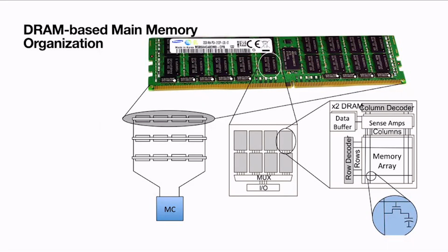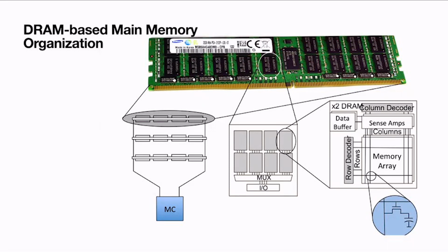The entire memory is organized in terms of a set of devices. You can see the small chips on each side of this DIMM, and those are called the DRAM devices. Within a device, there will be a set of sub-banks, and each sub-bank is organized as a set of DRAM arrays.